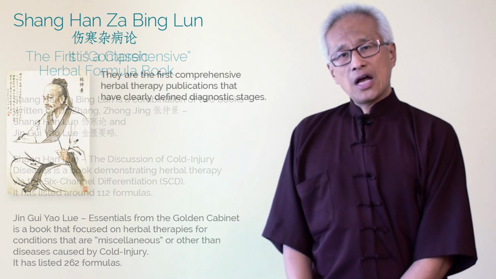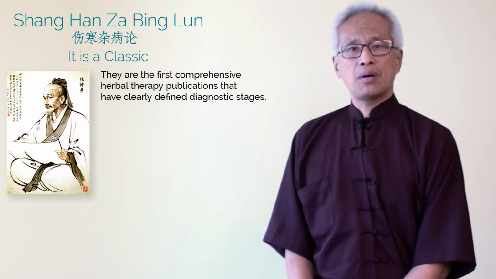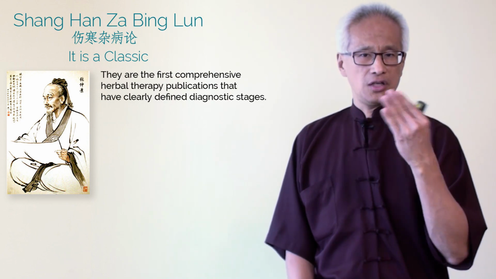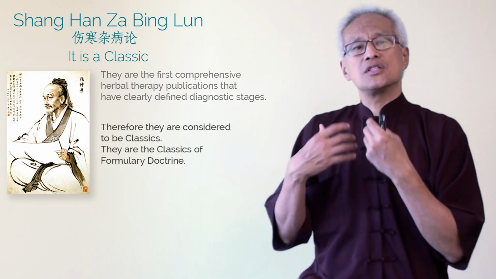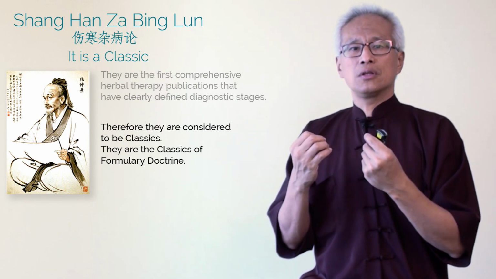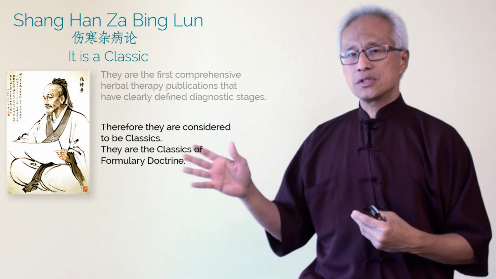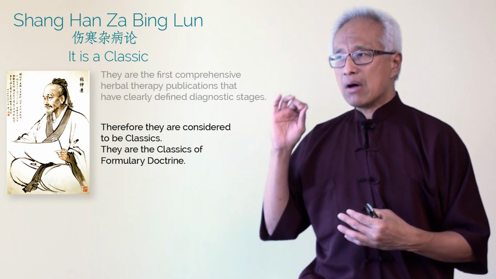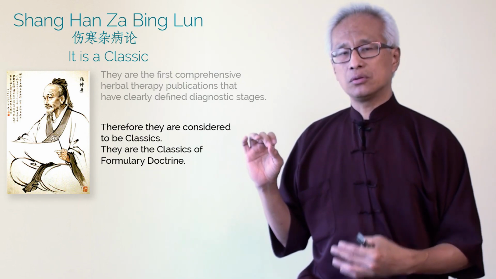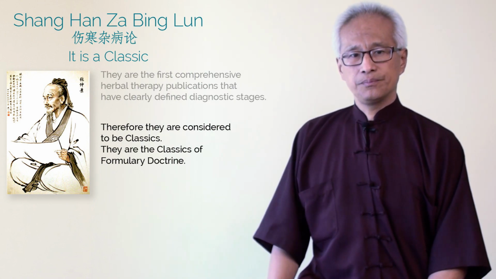So, Shanghan Zabing Lun is the first comprehensive herbal therapy publication that has clearly defined diagnostic stages. Therefore, they are also considered to be classics, classics of formulary doctrines. Any good student who believes in the importance of studying herbal formulas must study this book. It is considered to be the Bible, or the father, of all herbal formulary books.